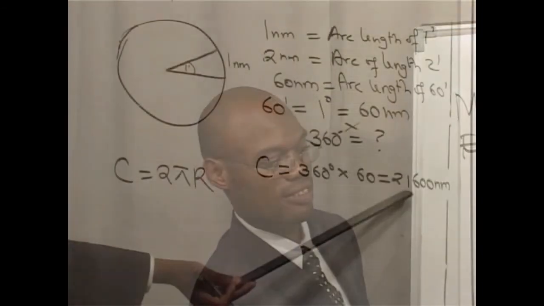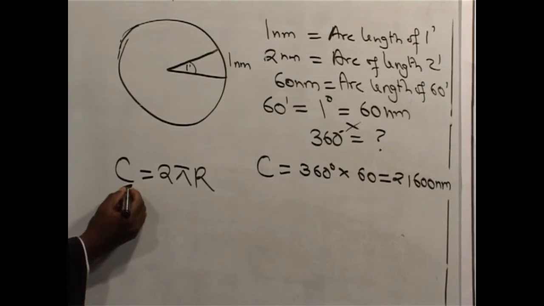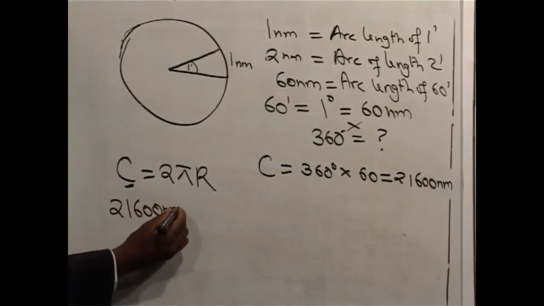Remember, we said that the mean radius of the Earth in kilometers is 60,370. But we can also calculate the radius of the Earth in nautical miles from what we have just derived here. We say that the circumference of the Earth in nautical miles is 21,600 nautical miles.